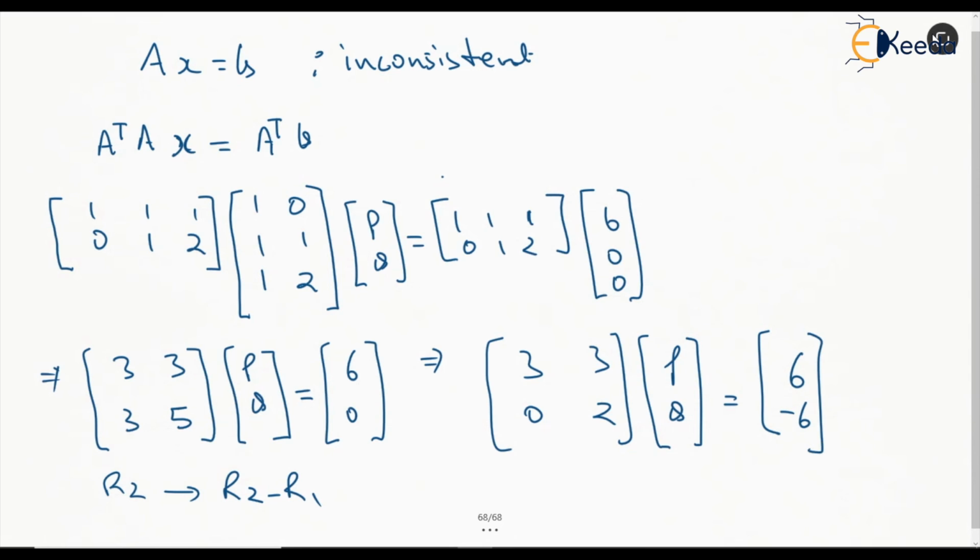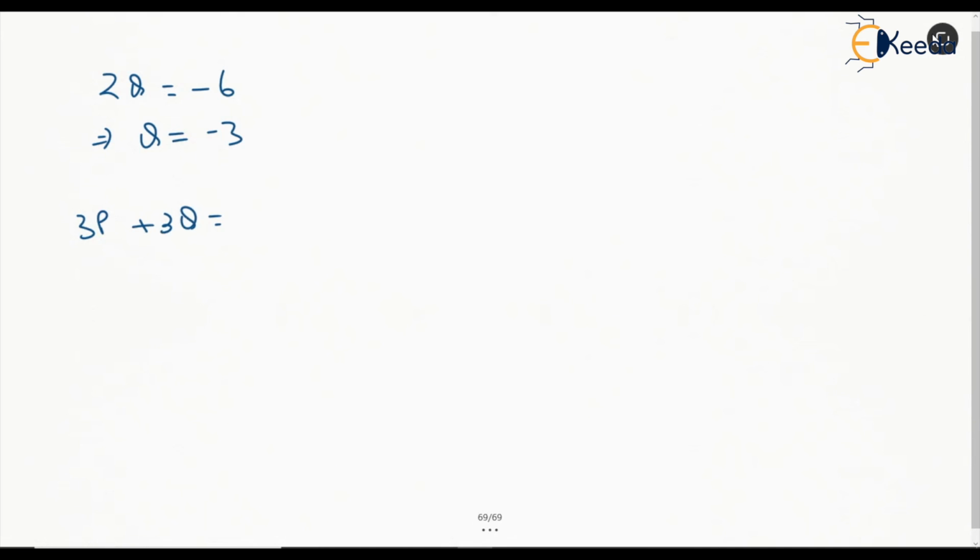Now we have to solve this, and we can solve this by back substitution from the last equation. We will get 2 times Q equal to minus 6, so this gives Q equal to minus 3, and from the first row we will get 3 times P plus 3 times Q equal to 6.